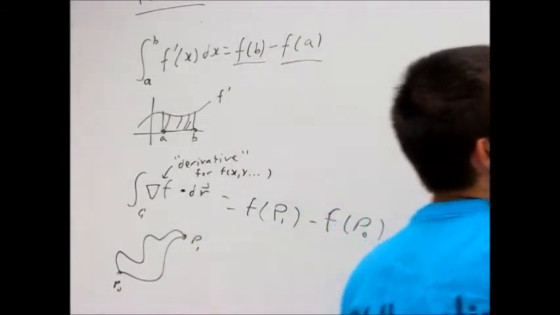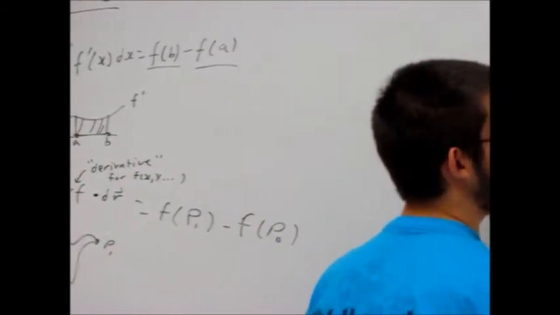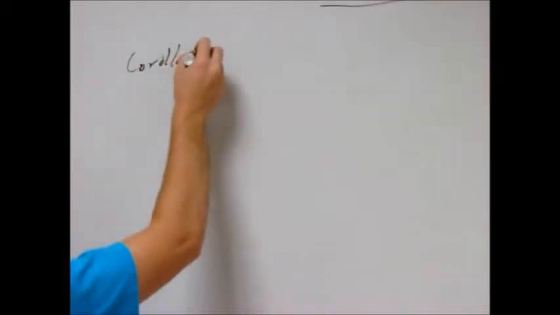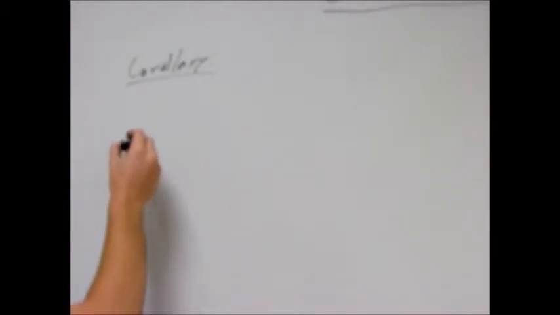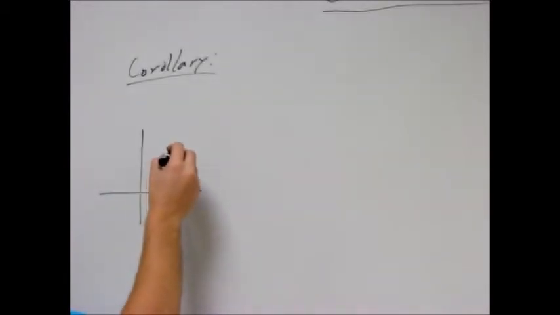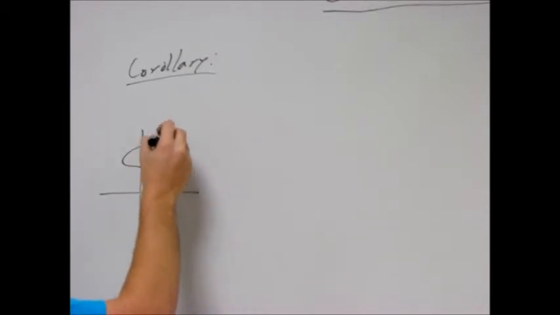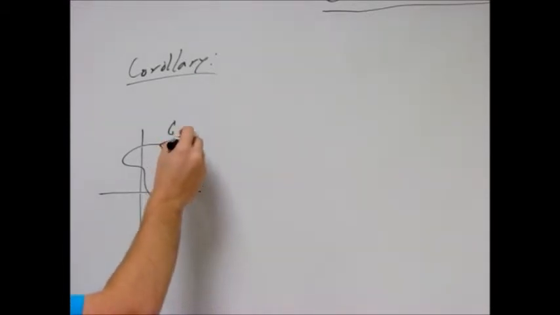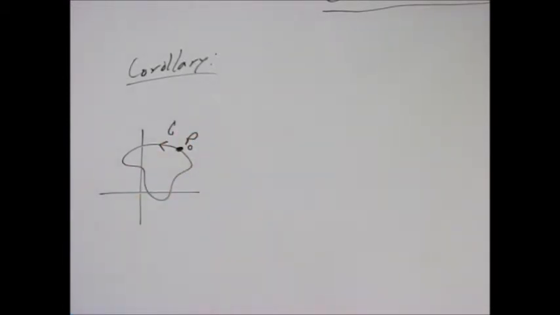So now I want to talk about an interesting corollary of this theorem. And that is, if we consider that C is a closed curve. Say it starts at this point, let's just call this big point here.